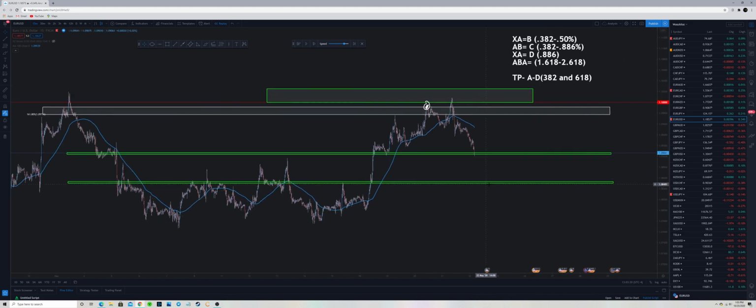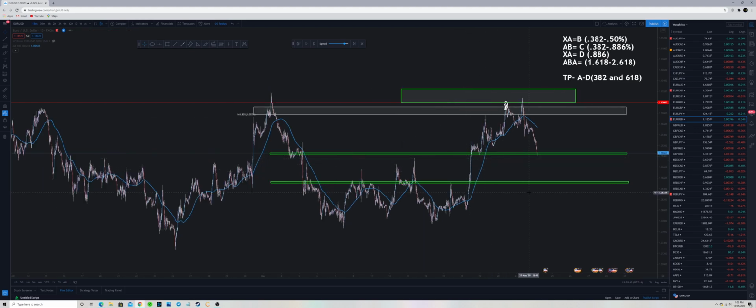Will price come down to the 618? Potentially, but price tends to not always hit the 618. 382 is almost guaranteed, but the 618 is a maybe. Why?